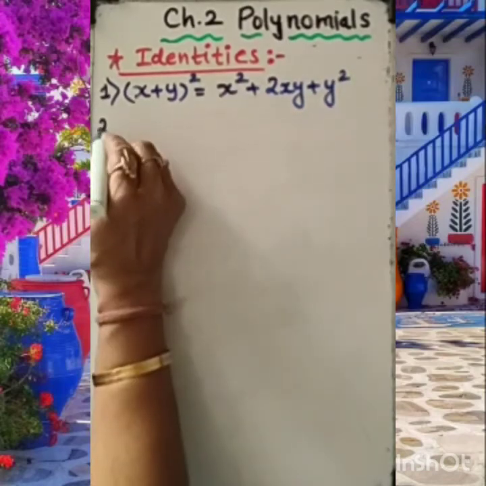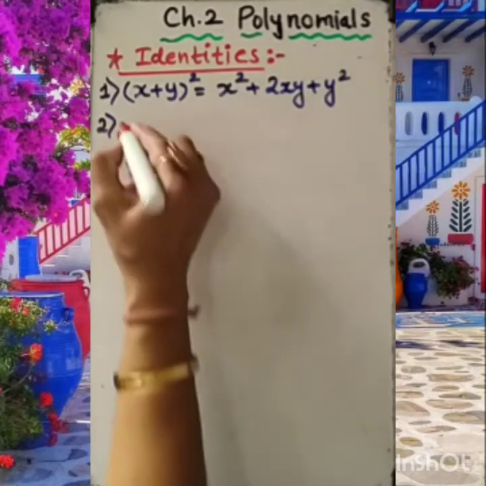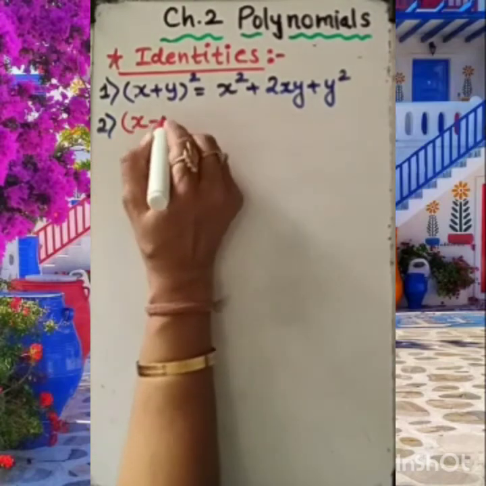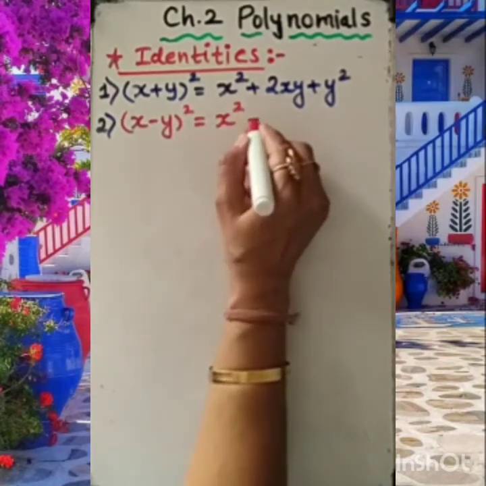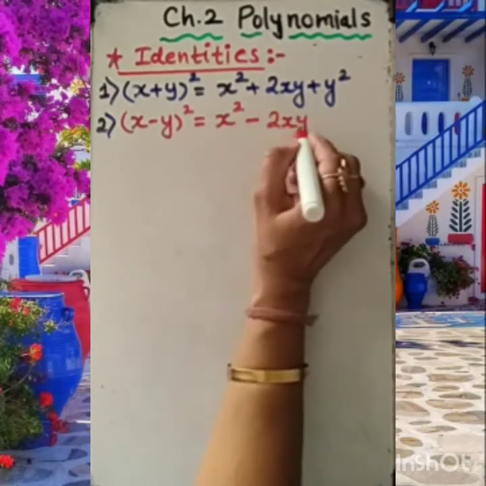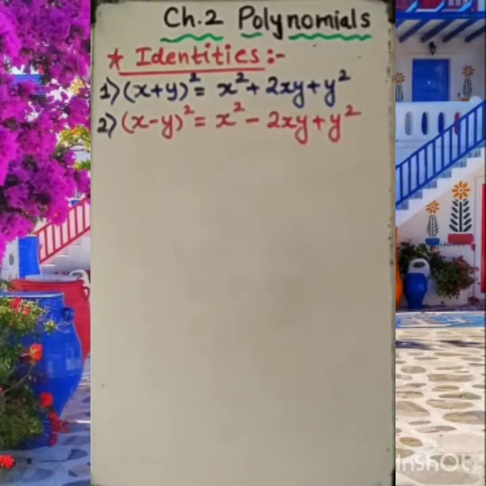You can use a or b also in place of that, no issue. Second identity is x minus y whole square, that is x square minus 2xy plus y square. All these identities we have already studied.